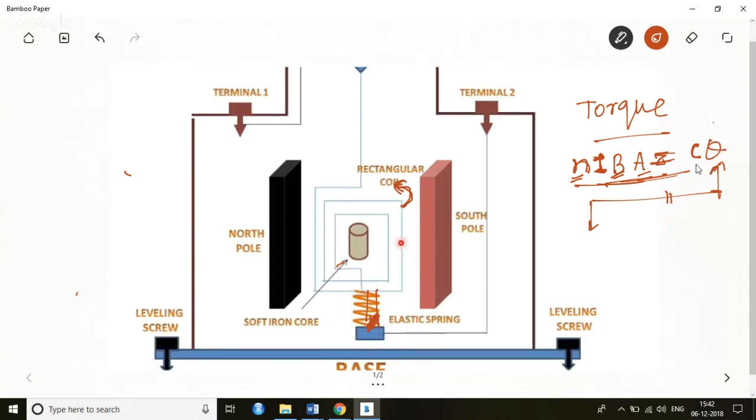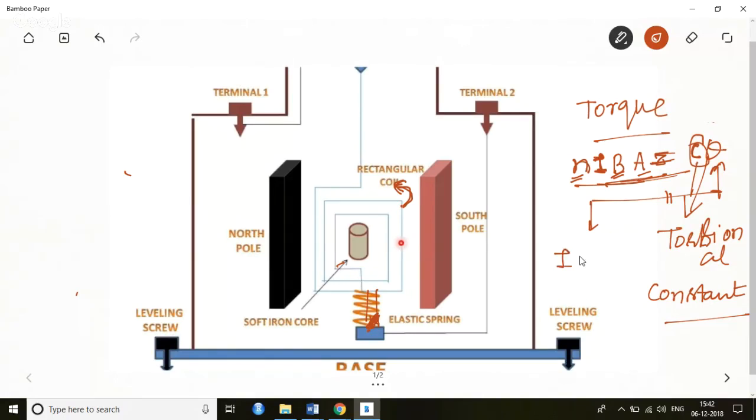And as soon as I measure the value of theta, this torque would be equal to C theta, where C is the torsional constant. Since it is a torsional constant, I know the value of the constant also.